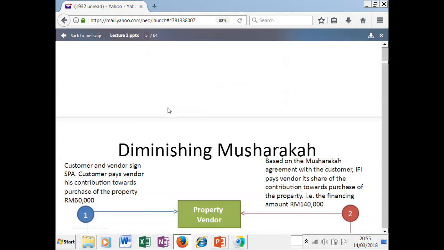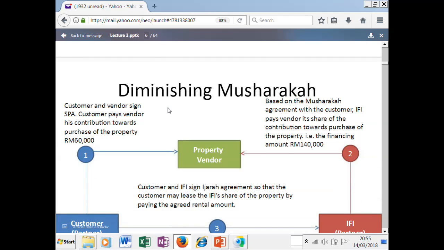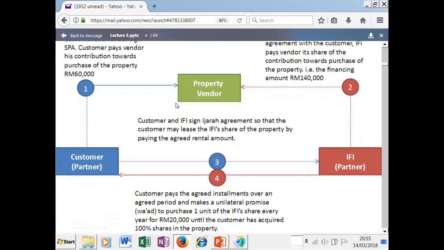Okay. And the next one is diminishing musyarakah. Basically it's the same thing, except that here the bank becomes a partner of your house, the partner of the customer's property. So the bank and the customer both venture into buying the property using a certain percentage.